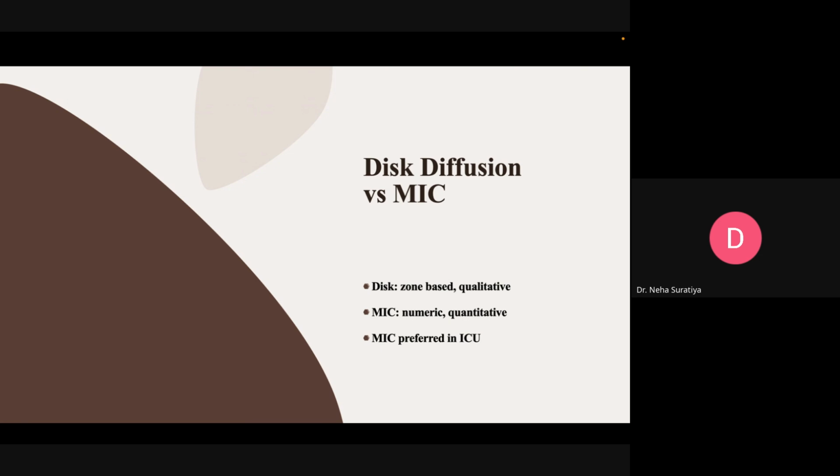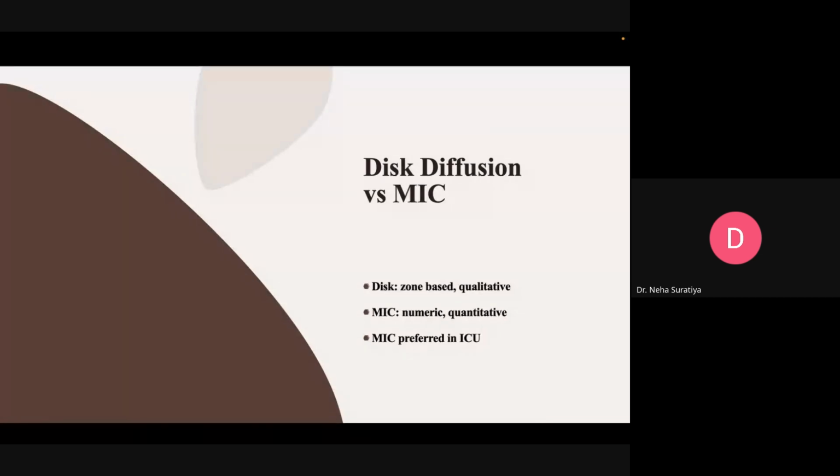So I hope now you have an idea. Again, I want to discuss disk diffusion in a little more detail, so that the idea will be clear to you. What happens in disk diffusion, guys? Antibiotic impregnated disks are placed on an agar plate in the laboratory where the bacteria are growing on the plate.